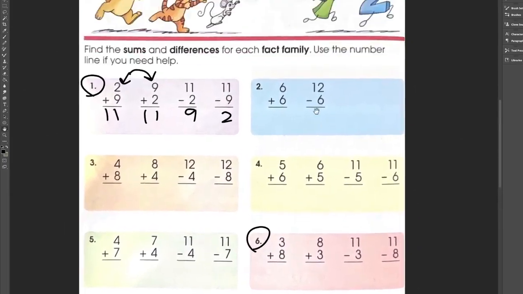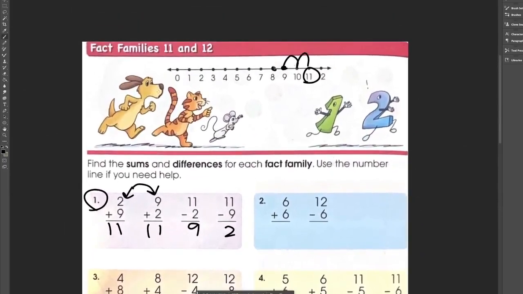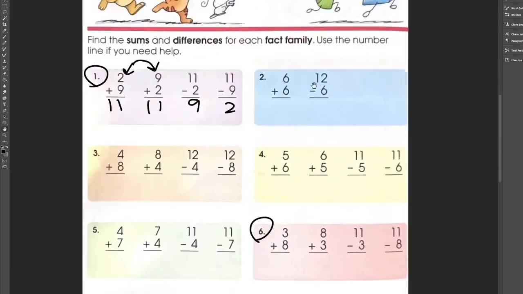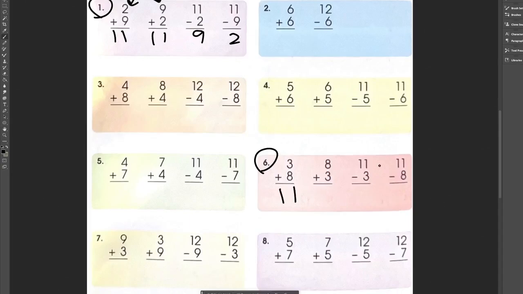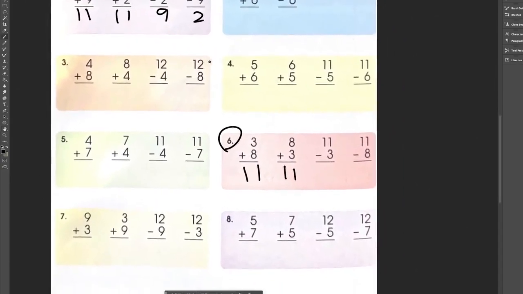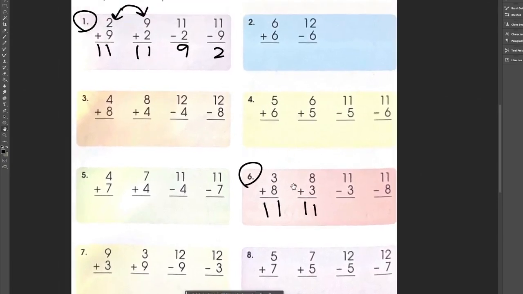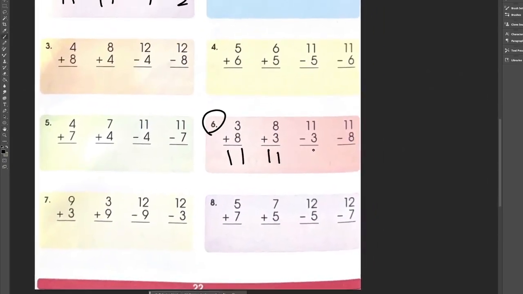Going back to the number line here, we start at 8, we go to the right 3 times, which is also equal to 11. So these two will be equal to 11, and by the logic we did this problem by, 11 minus 3 will be equal to 8, and 11 minus 8 will be equal to 3, because they are the leftover numbers from the fact family that we haven't used up yet.